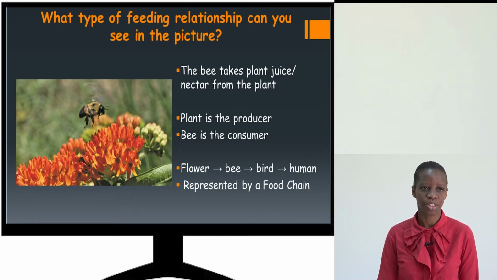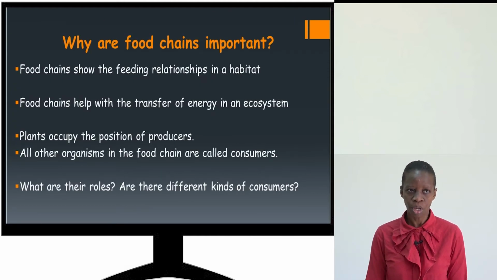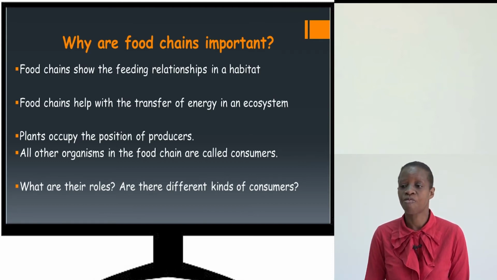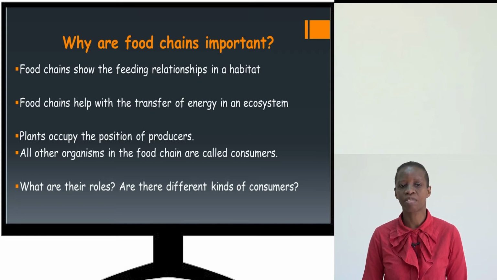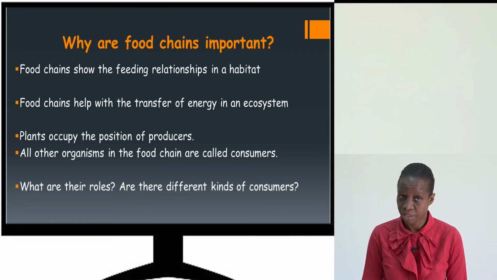All right, let's get into some more. Why are food chains important? So as we pointed out, it shows the feeding relationships in the habitat, but it's also very important for transferring energy in that ecosystem. So by eating, right, remember when we take in food, the food has stored energy, right?